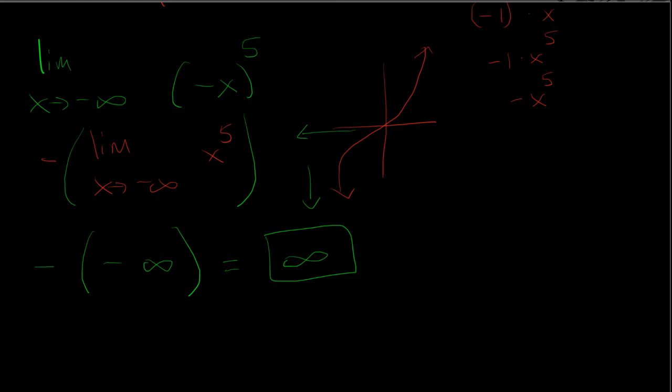Okay, last one. Let's look at a similar one. We have the limit as x approaches now positive infinity. And instead of raising it to the 5th power, we'll just do the square root.